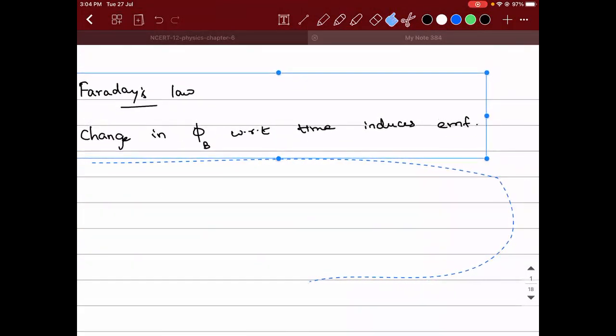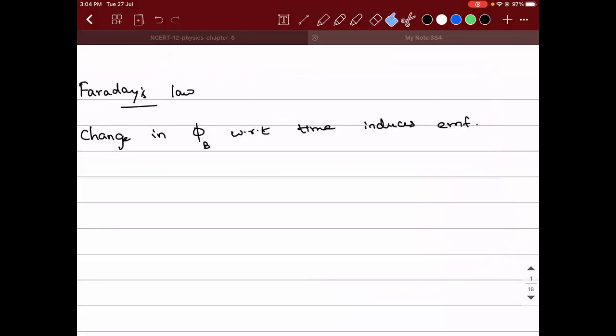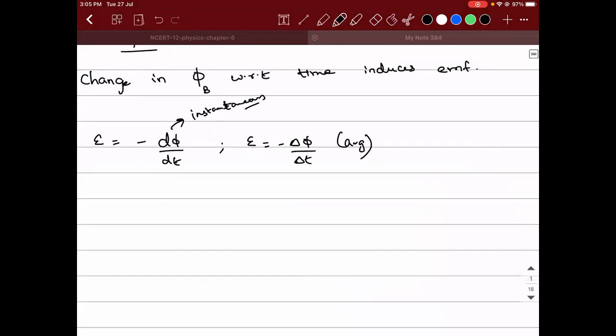Right, that is what this law states. We saw that EMF is equal to minus d phi divided by dt, or EMF is equal to minus delta phi divided by delta t, where this is the average value and this will give you the instantaneous change of flux with respect to time.